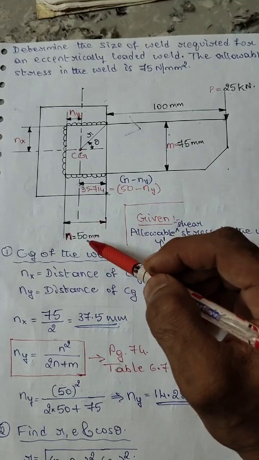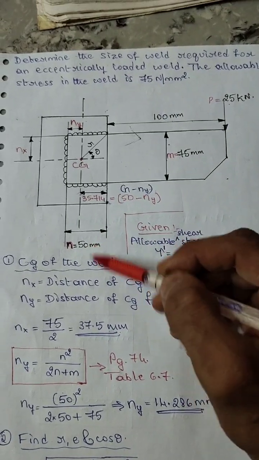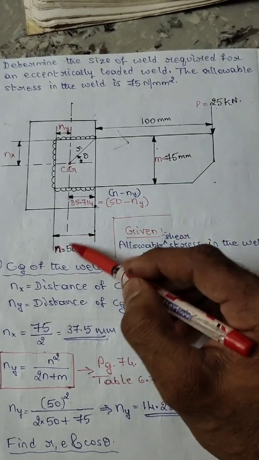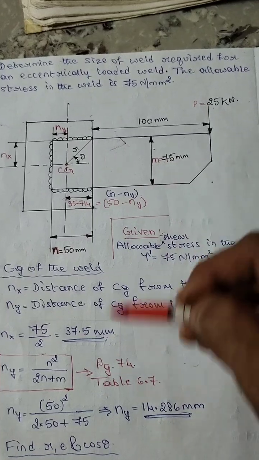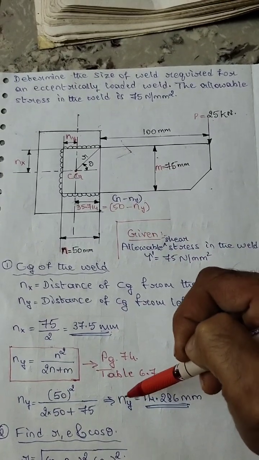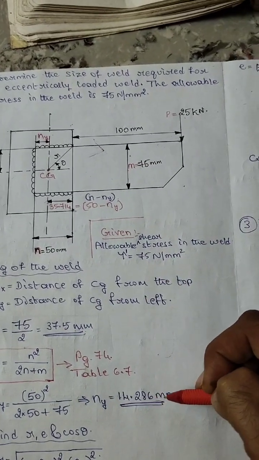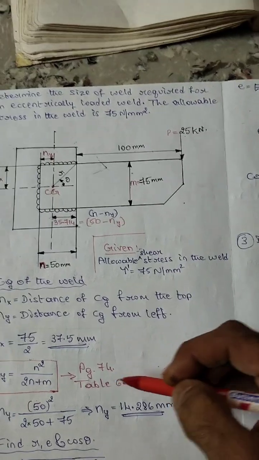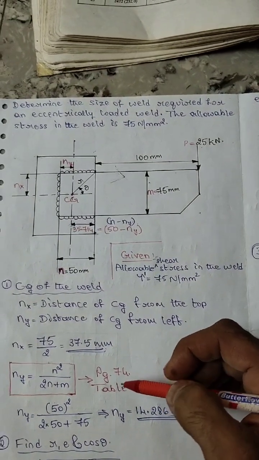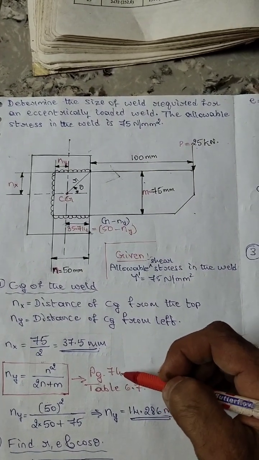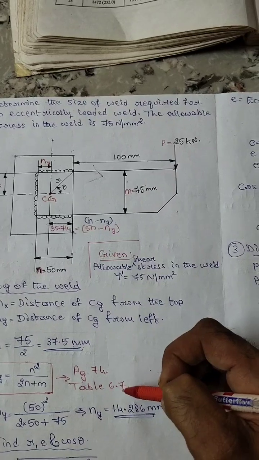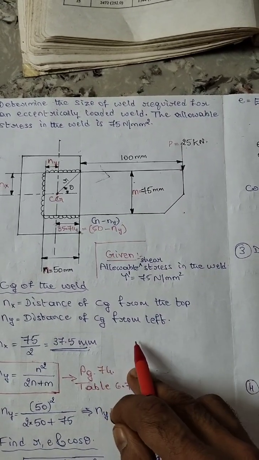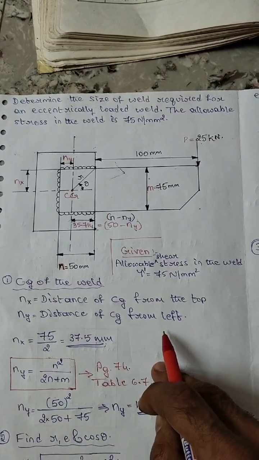So n square divided by 2n plus m. N value is 50 and m is 75. So you will get this ny value, 14.286 millimeter, and this equation you will get in page 74 and table number 6.7. This is the third edition of the design data handbook.